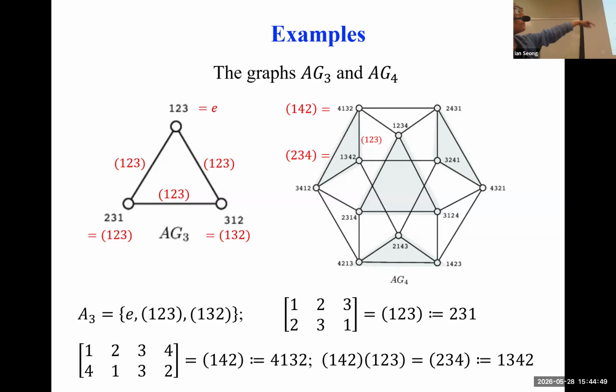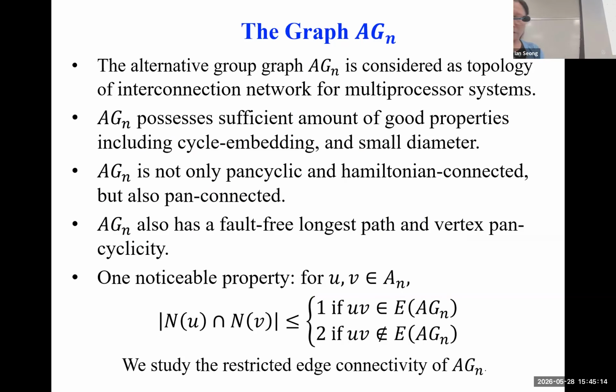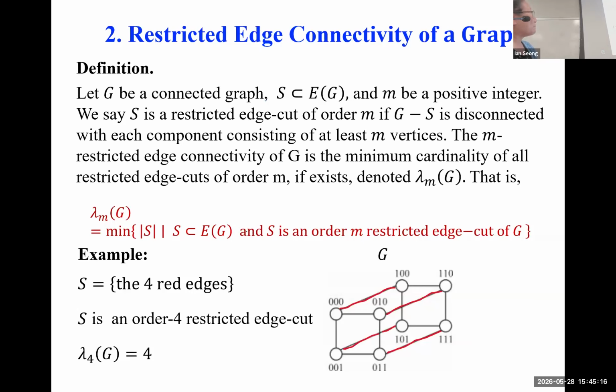And if you look at two vertices without an edge in between, like 1342 and 2314, you can look at their neighbors, and they don't have many intersections. So the result is at most 2 vertices in the intersection of the two neighborhoods. That is a nice property in some sense. That is a property of this alternating group graph.